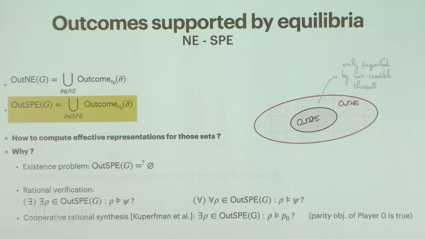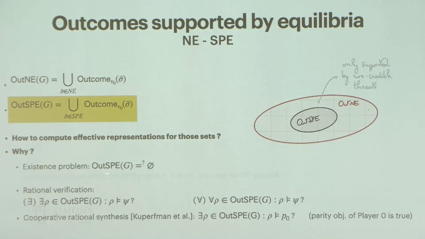Okay? And so we want to compute an effective representation of those sets. Why? It's because it will allow us to answer questions like, does there exist an SPE? Simply by checking. So if you have, say, an automaton that recognizes the set of outcomes that are supported by an SPE, then you will check emptiness of this automaton. And so you will have an algorithm for the existence problem.